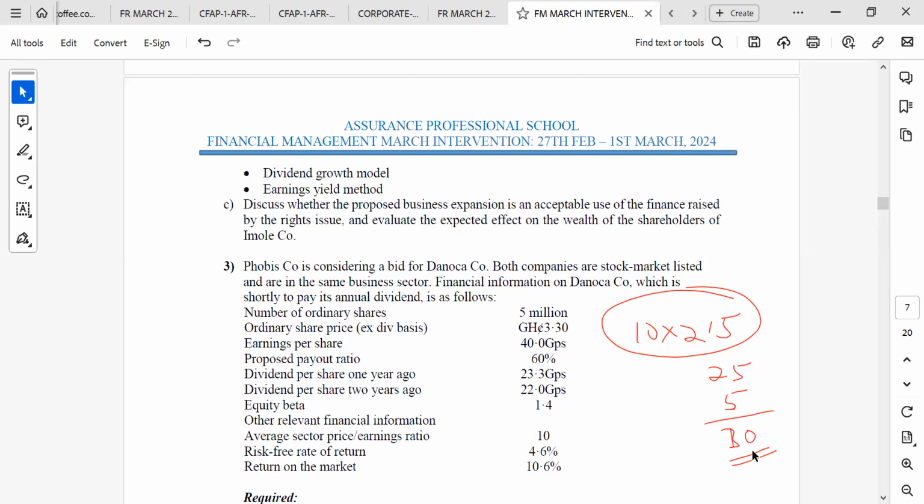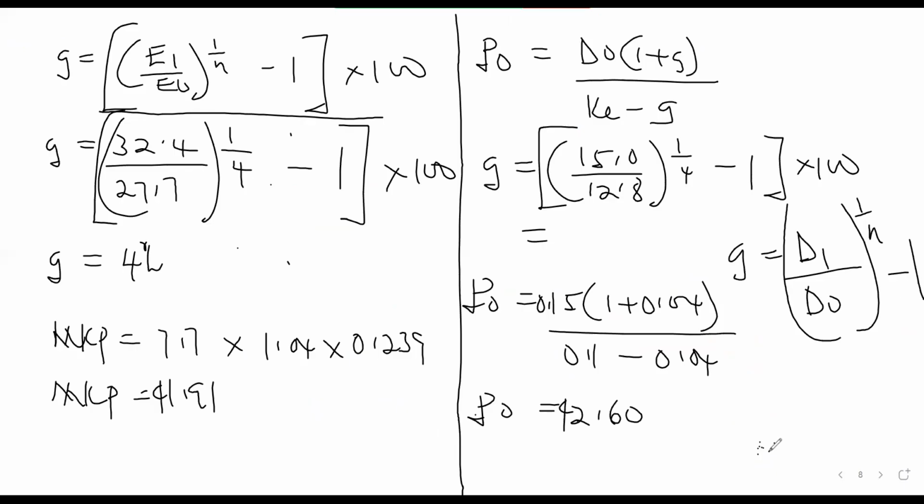If the proposed investment is carried out, the earnings of the company are going to grow in that proportion. So next year, the earnings of the company will grow by 4%. So we can see that this is actually a good return on investment. Why are we saying it's going to be a good return on investment?